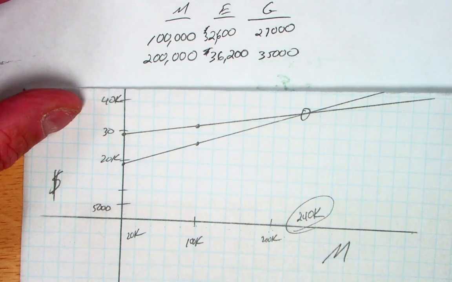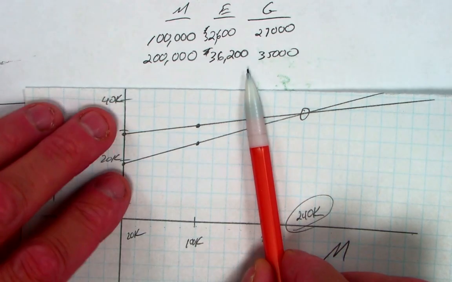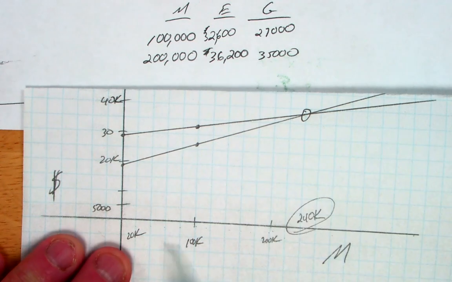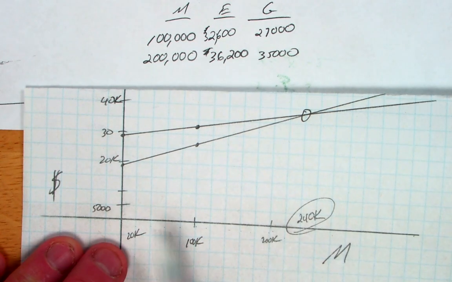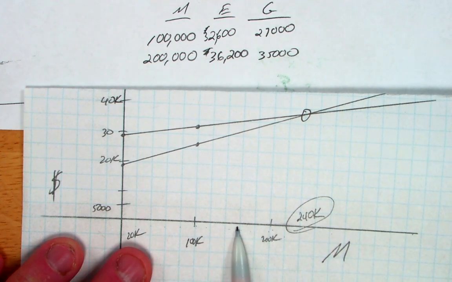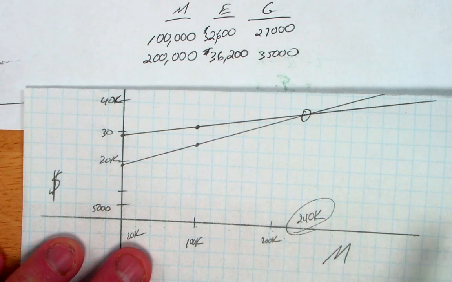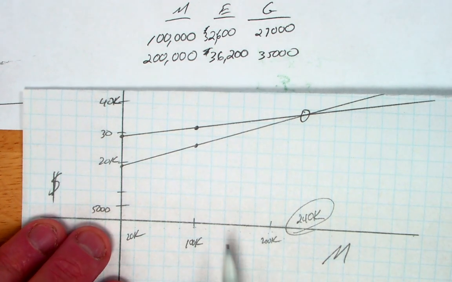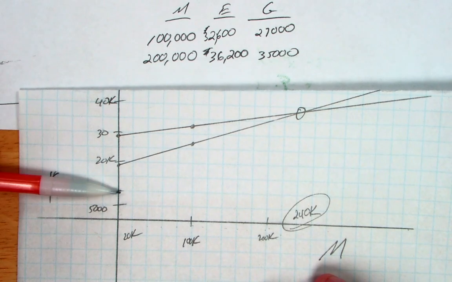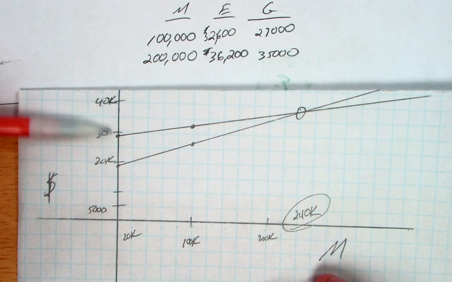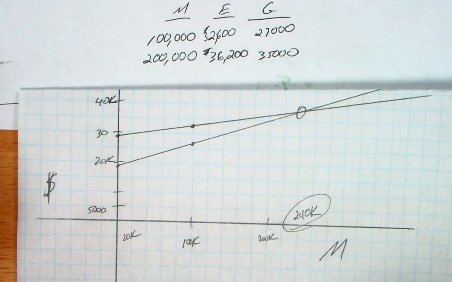That's why I did all these points first, to find out what my scale needs to be. My miles down here, I went by 20s. And by cost, I knew I'd need something up to 40,000, so I went 5, 10, 15, 20, up to 40.